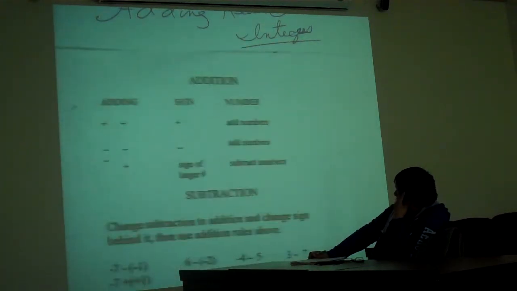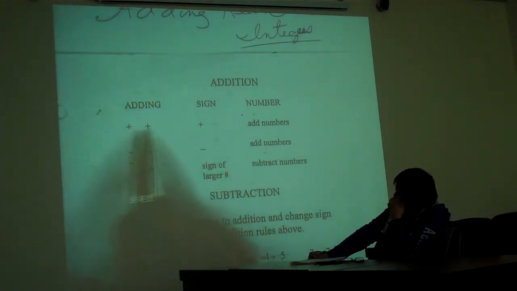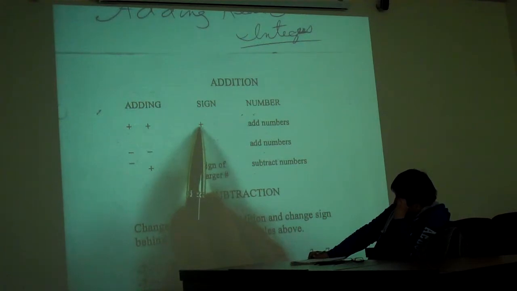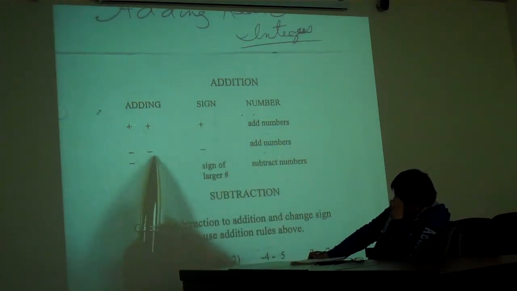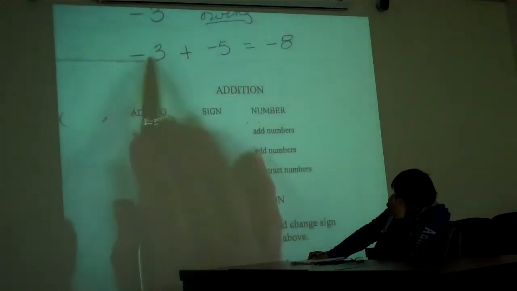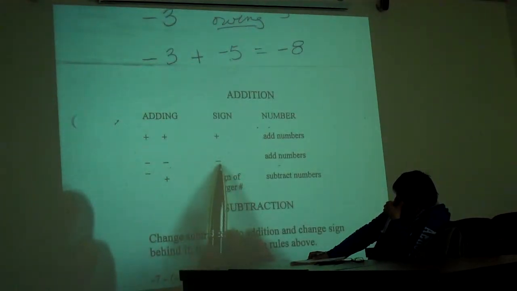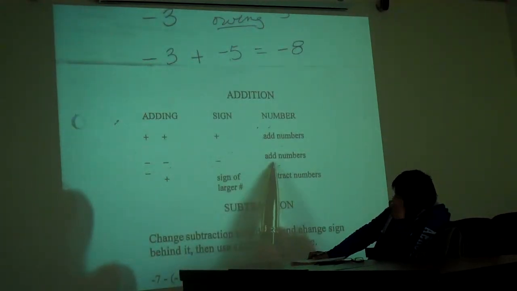The top of this paper I just gave you, that's what it's telling you. You add two positives, it's going to be positive and you add them. That's just normal numbers. If you add two negative numbers, the sign of your answer is negative, and you're going to add the numbers.